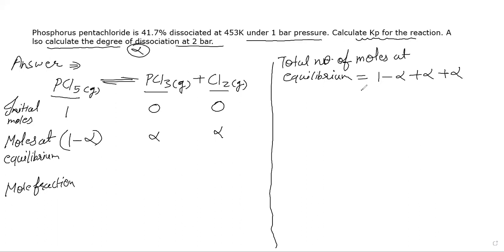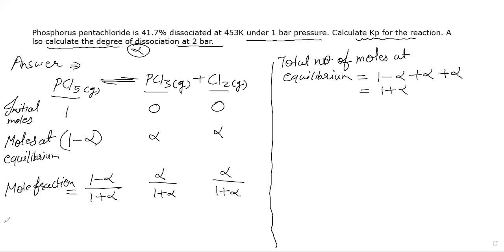So this gives me the answer 1 plus alpha. So mole fraction of PCl5 is equal to 1 minus alpha divided by total number of moles at equilibrium, that's 1 plus alpha. Similarly, mole fraction for PCl3 will be alpha divided by 1 plus alpha. Mole fraction for chlorine will be alpha divided by 1 plus alpha.